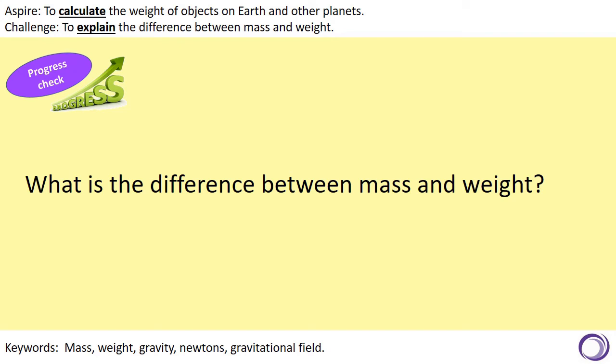If you can write a sentence explaining what the difference between mass and weight is, then we've nailed that. So I'll just give you a few seconds, just be writing it down. What's the difference between mass and weight?